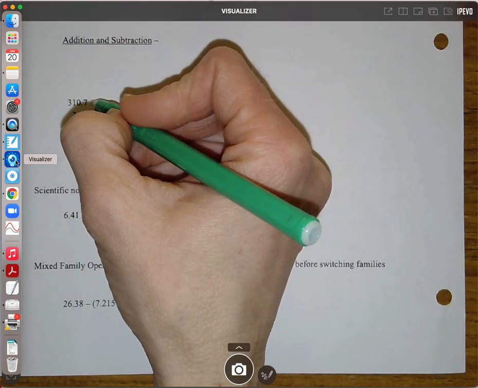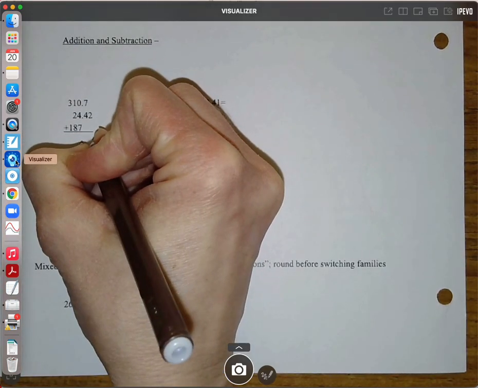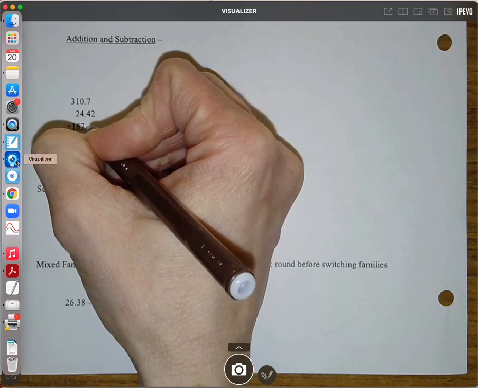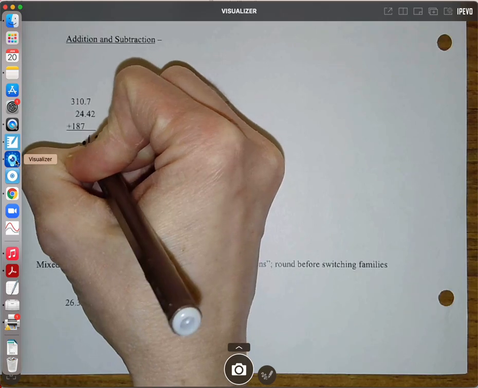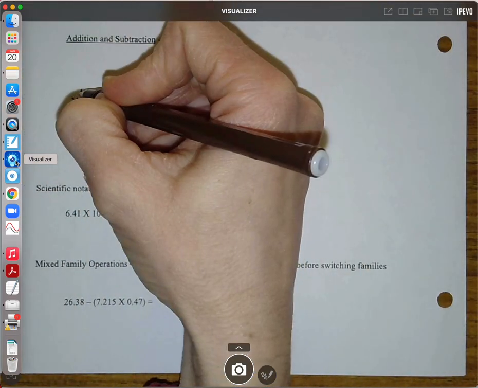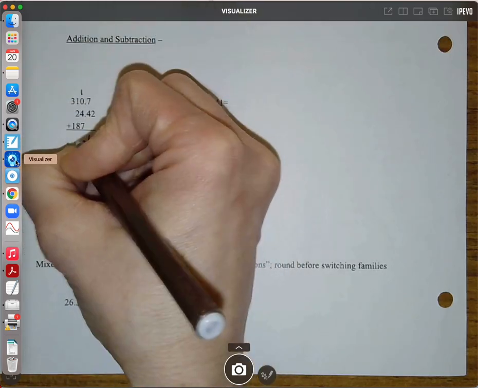It'd be like 0 plus 2 plus 0, that gives me 2. 7 plus 4 plus, they said I could put a 0 there too, so 0. So 7 plus 4 plus 0, that's 11. Carry the 1. 1 plus 0 plus 4 plus 7, 12.